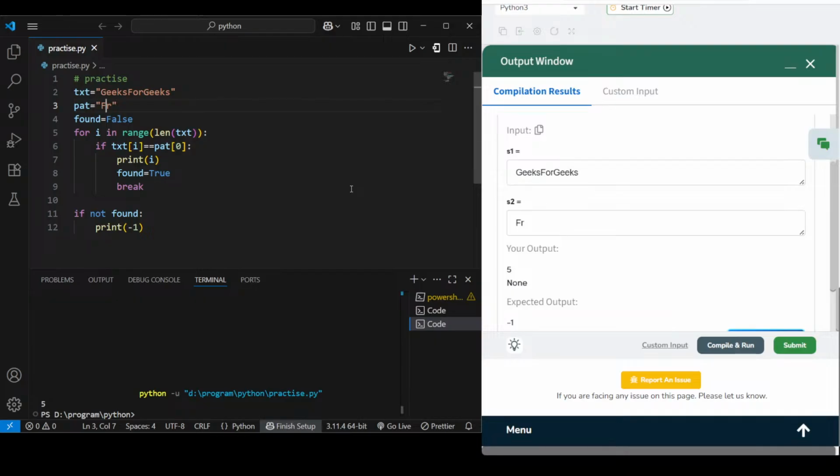That's why we are getting the problem. If it matches, then it needs to check the next character also. For that, what to do?